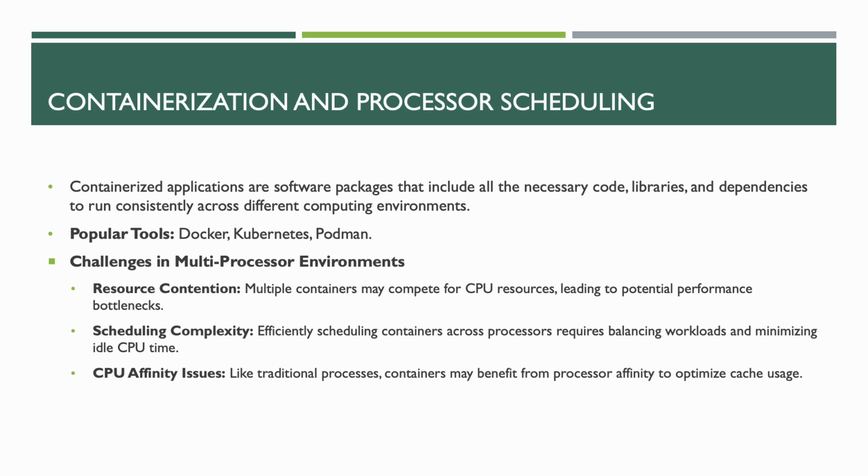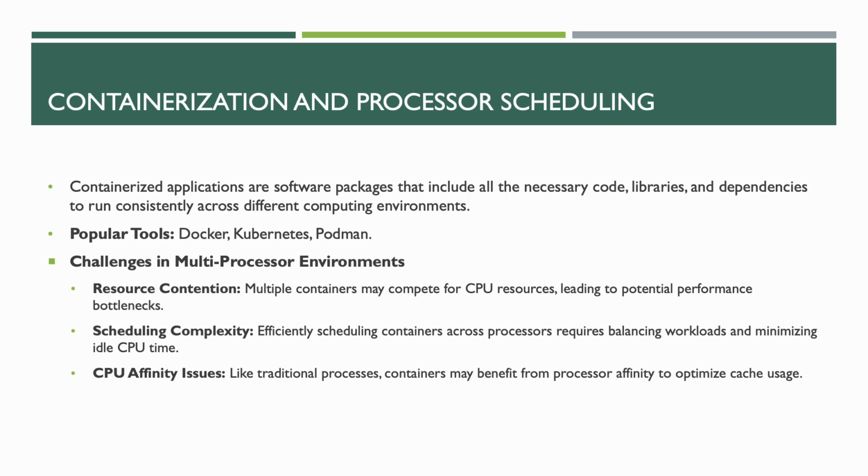Now, what are the challenges in a multiprocessor environment? First of all, resource contention. Containers compete for CPU resources, which can create performance bottlenecks if not properly managed. This is particularly critical in high density cloud environments where multiple containers run on shared CPU cores.